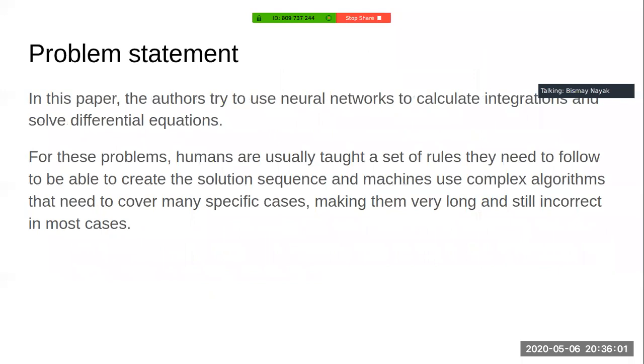But the problem that the authors pose here is that they try to solve integration and differential equations. They try to calculate integrals and solve differential equations. Now, from an initial viewpoint, you would think that these problems are of a symbolic nature, right? Because humans are usually taught a set of rules that we need to follow to calculate integrals or solve differential equations.